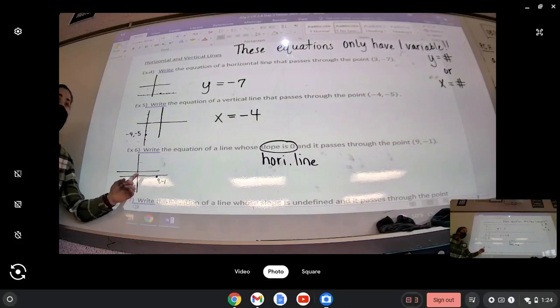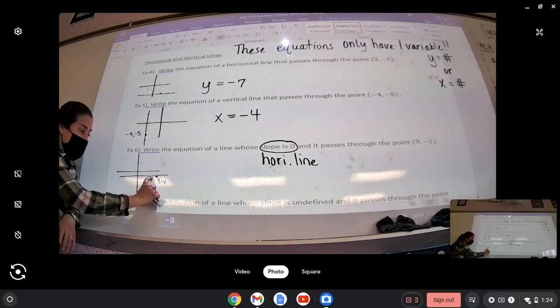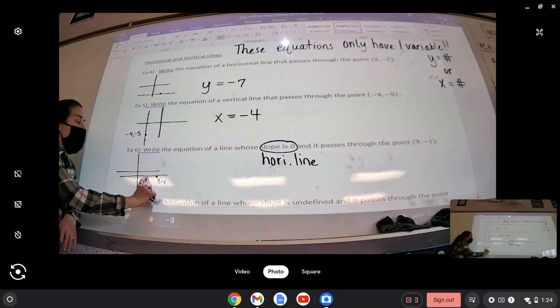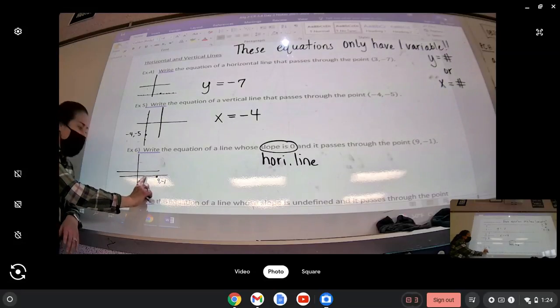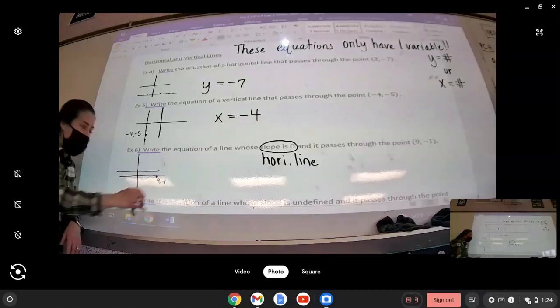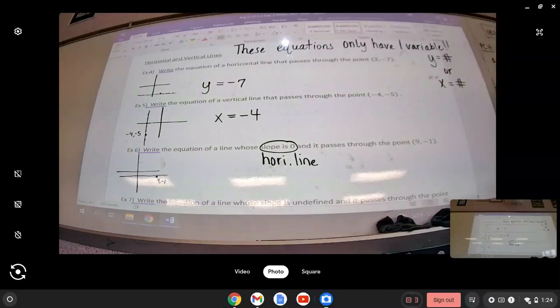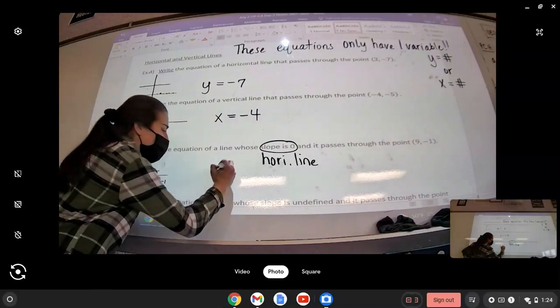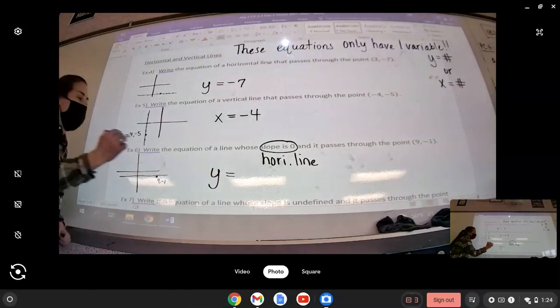If you have to, start labeling some: (8, -1), (7, -1), (6, -1), (5, -1), (4, -1), (10, -1), (11, -1), (12, -1). As a junior in high school, you should know which is the x coordinate and which is the y coordinate. This y coordinate never changed, so this is the line where y is constantly equal to what?